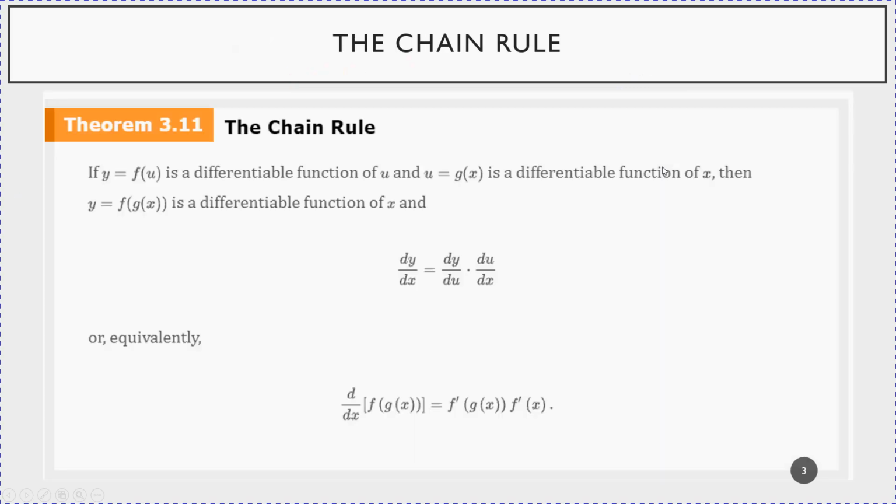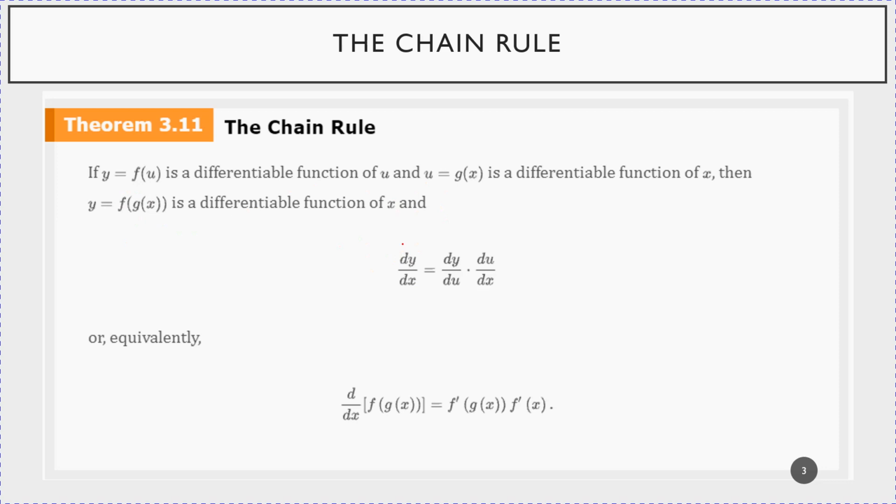Okay, so what exactly is the chain rule? If y is equal to f of u, so we have this u variable inside here, is a differentiable function of u, but u is a differentiable function of x, so u is equal to g of x, then y is equal to f of g of x, the composite function, is a differentiable function of x.